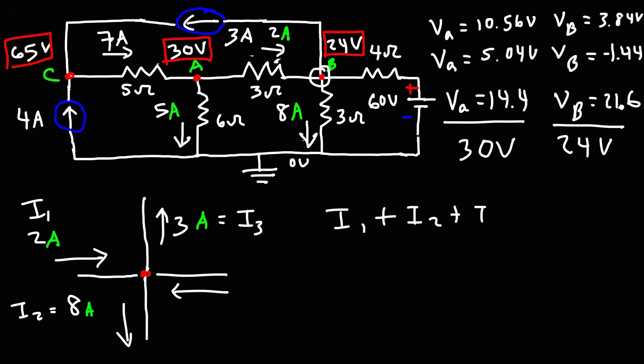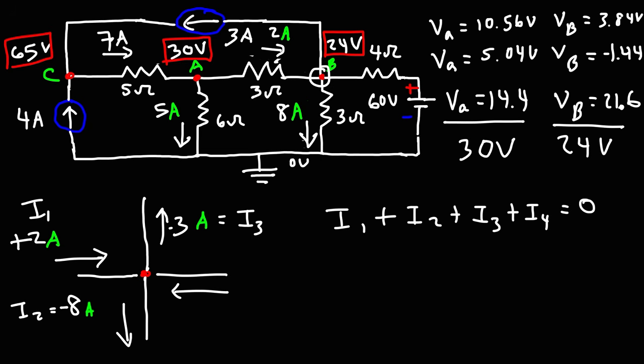We can use Kirchhoff's current law to get the answer, which states that the sum of the currents flowing into or out of a node or a point adds up to 0. Now what we need to do at this point is assign positive and negative values. So let's say that the current flowing into the point, we're going to give it a positive value, whereas the current leaving point B, we're going to give it a negative value.